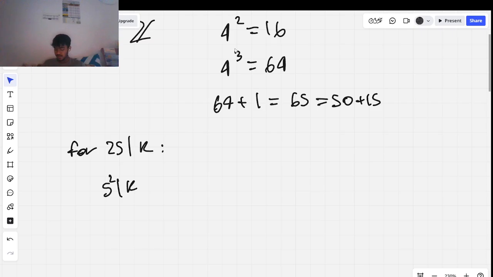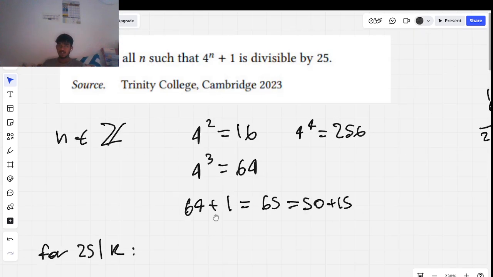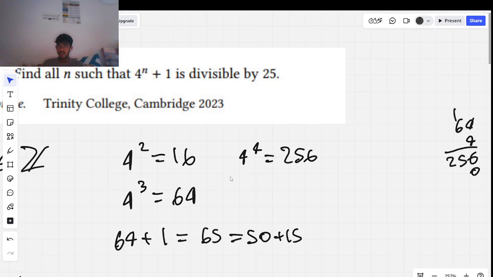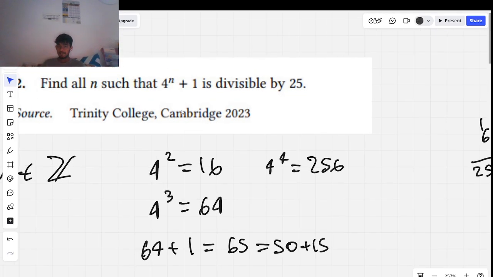Okay. So 4 to the 4, which is what? I should know this. 256. 257 is very much not divisible by 25. So I know that this expression for n plus 1 must be divisible by two fives, because 25 is a perfect square.